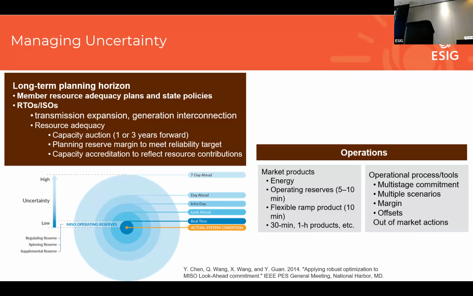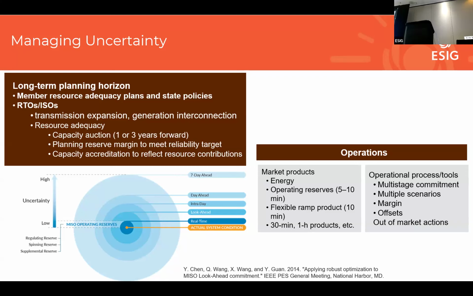And then after that, in the intraday, most of these ISOs have what's called look-ahead commitment, like 8-10 hours ahead or 3 hours ahead, where they will commit different generators to meet additional forecast changes. And then the real-time market runs every 5 minutes.